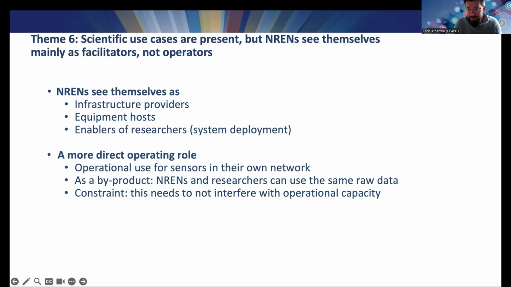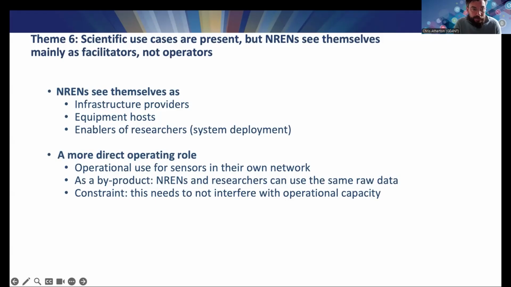One thing that NRENs can do relatively easily is to provide access to fibres to support scientific research groups, where the scientists bring their own interrogator, and there are opportunities for collaboration between the research groups and the NREN.